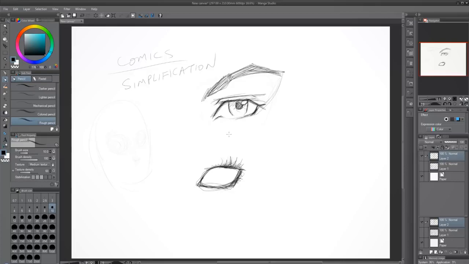And basically, something to consider is that the highlight can be any shape. It depends on the light source. It is a reflection of the light source. So if you're outside and the light source is the sun, you will usually get a circle highlight.